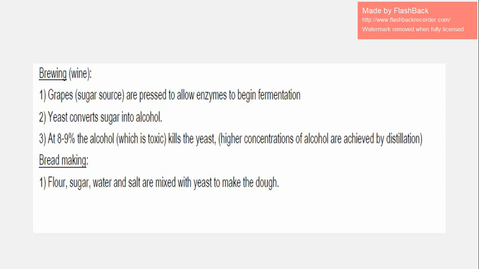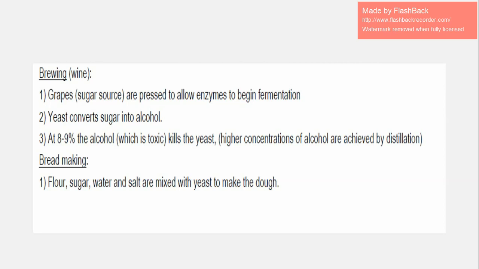We add yeast to flour. We add sugar to it in order for the yeast to feed on this sugar. And we add warm water in order to activate the enzymes of the yeast. So now the yeast is respiring anaerobically, producing alcohol and carbon dioxide.